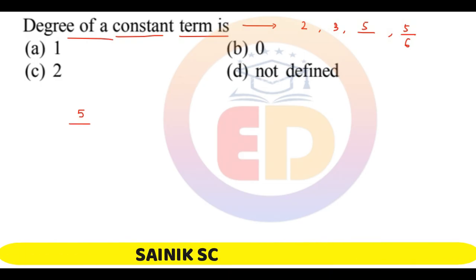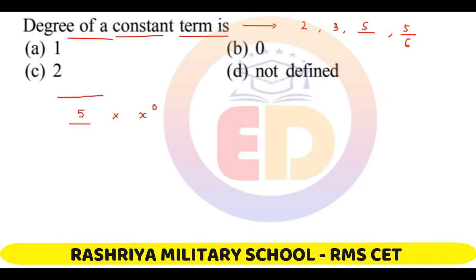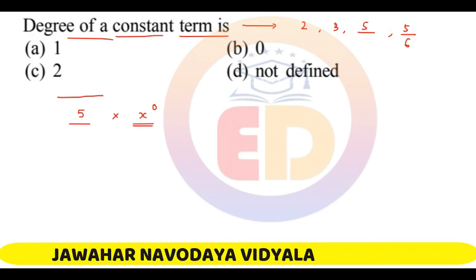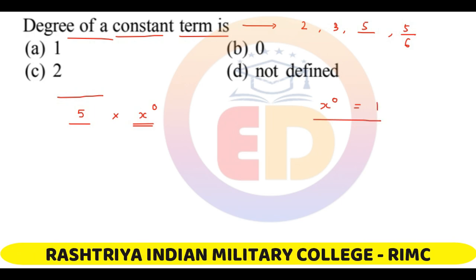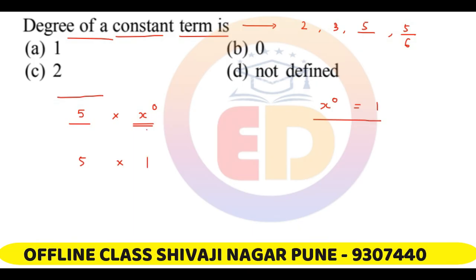So to give this constant term a degree, we multiply it by x to the power of 0. Now x is our variable, and remember that a variable x power 0, its value is 1. So 5 multiplied by x to the power of 0 will give me 5 multiplied by 1, which will be same as 5.